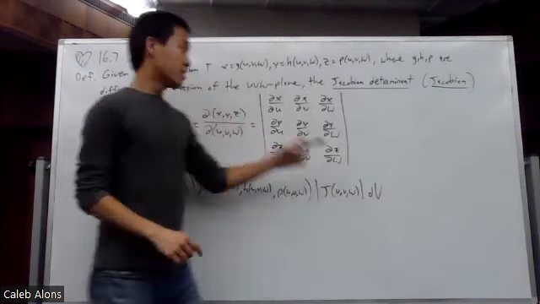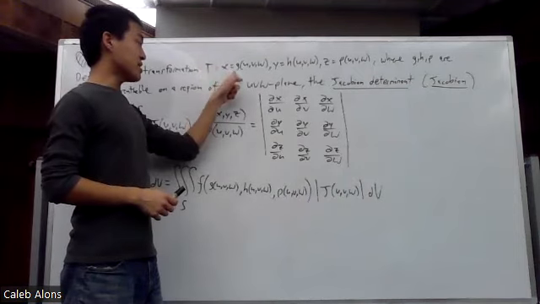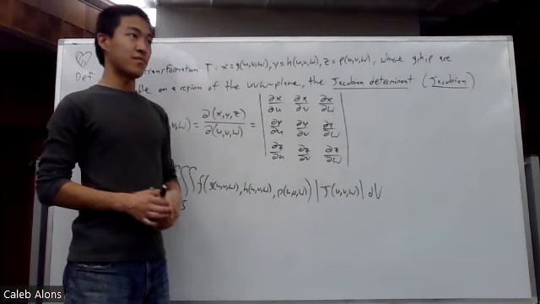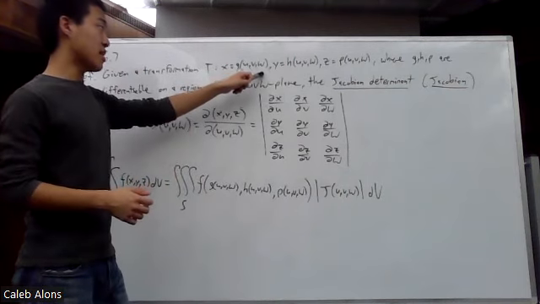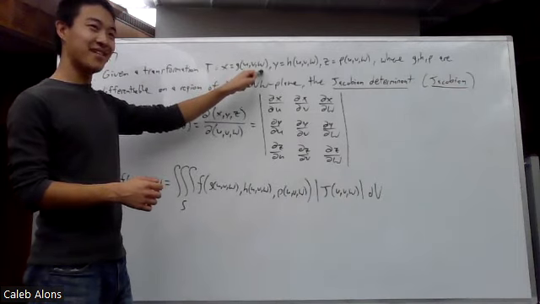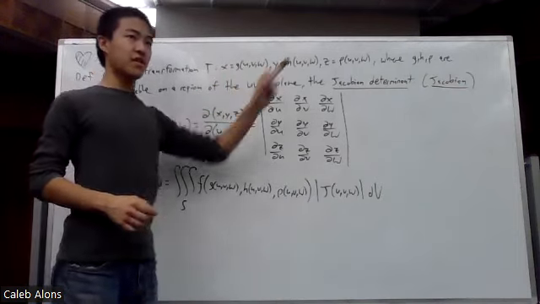If you were to put in the transformation equations in spherical, x is equal to what? Right, rho sine phi cosine theta. So instead of this being u, v, and w, we would say this is rho, phi, and theta, with the relationship of rho sine phi cosine theta.